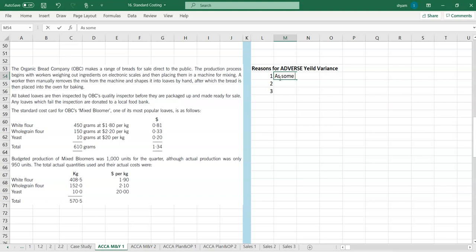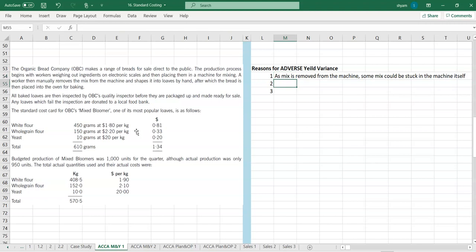As some mix is removed manually, some mix could be stuck in the machine itself. So that is one reason.